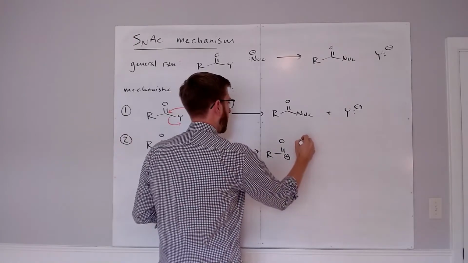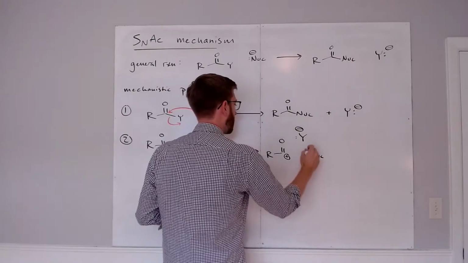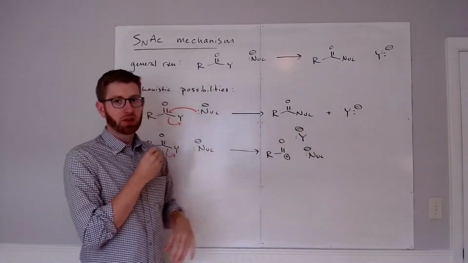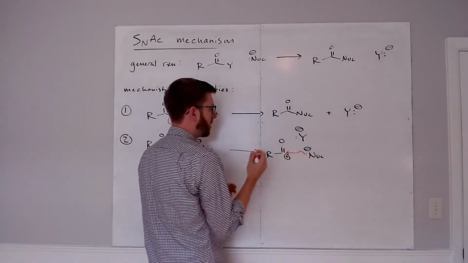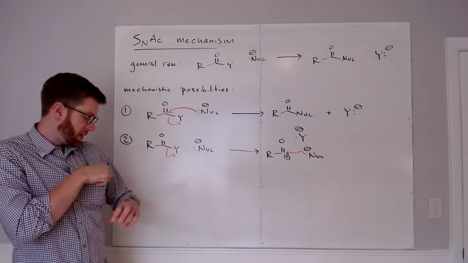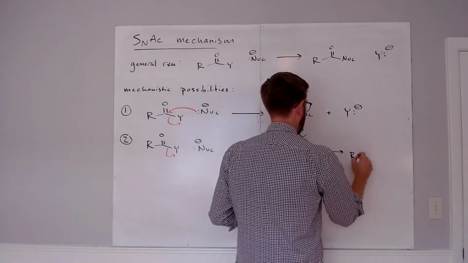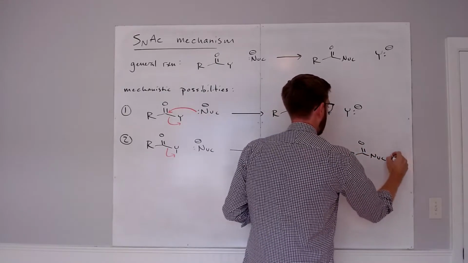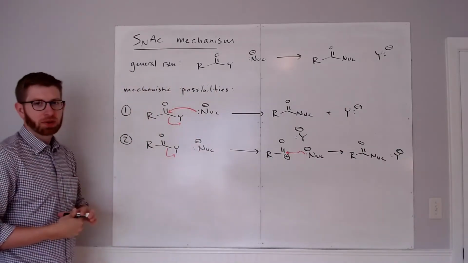Our Y, lone pair, negative charge, and our nucleophile, lone pair, negative charge. So this would be like a set of intermediate structures, and then in the second step, the nucleophile could associate to the carbocation center. So again, this is by analogy to SN1. And we get the same set of products. All right, so those are both options.